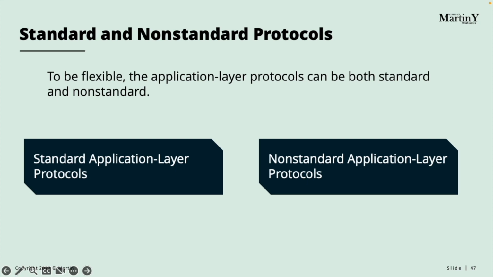Let's say I'm working in a medical company and we're building medical instrumentation that takes samples automatically, right? We have one instrument that is taking the samples and another one that analyzes what's inside those samples. So we have two instruments. For them to communicate, we don't necessarily want to use the predefined, standard application protocols because they're not going to be efficient in our specific case.